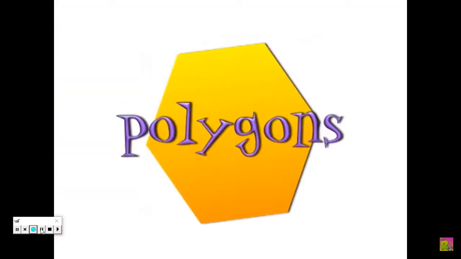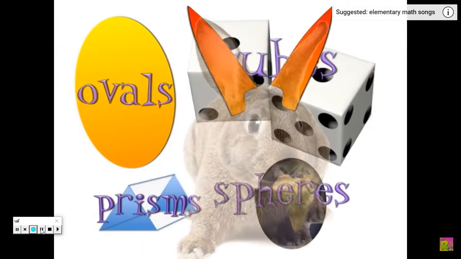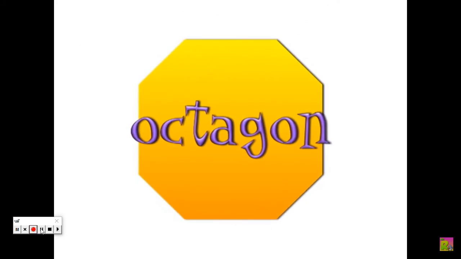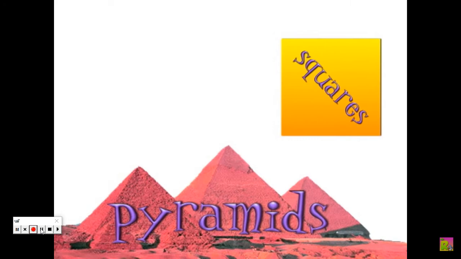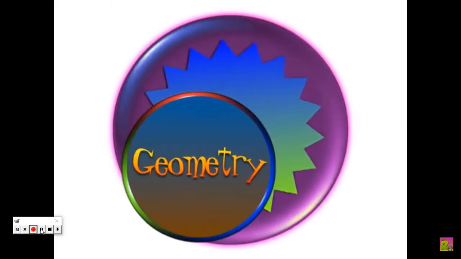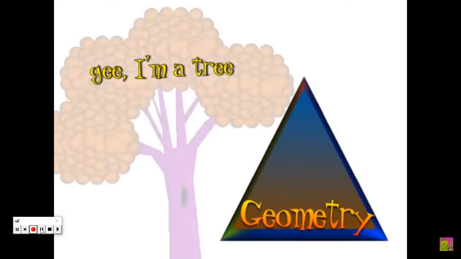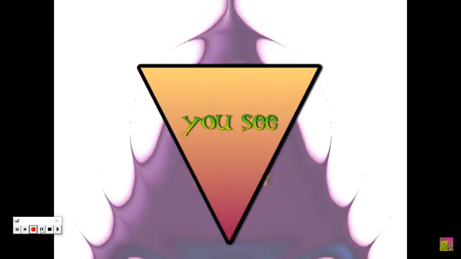Ovals, cubes, prisms, spheres. Hexagon and octagon and pentagon. Pyramids here, squares over there, all the shapes that I can bear. Geometry, geometry, geometry gives us all our shapes, you see.